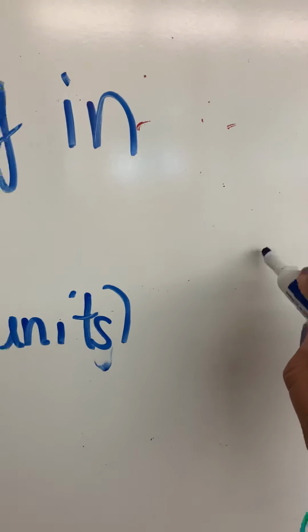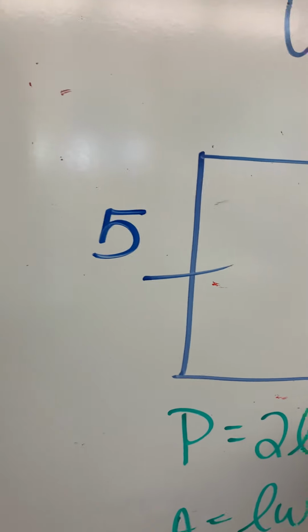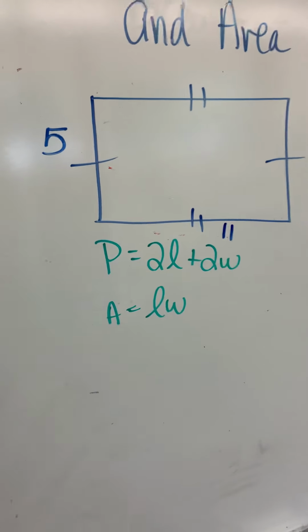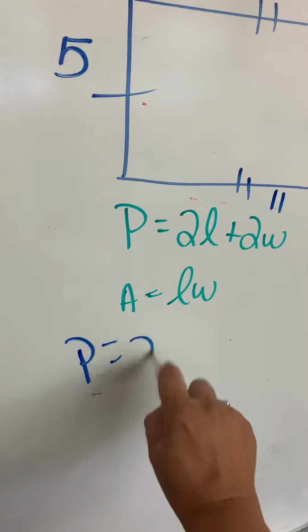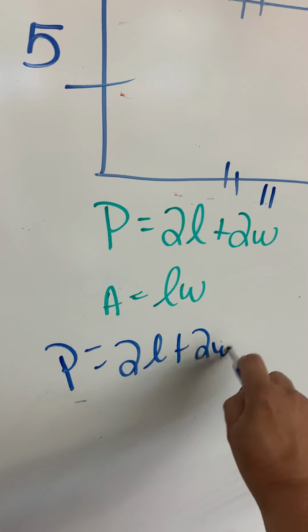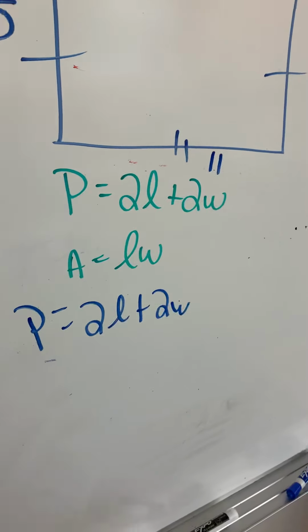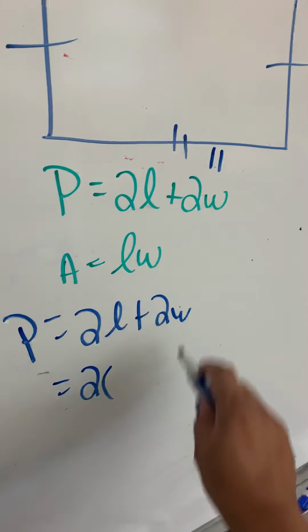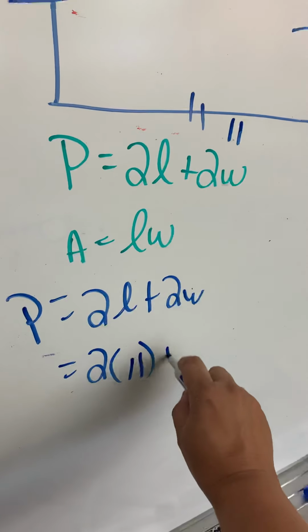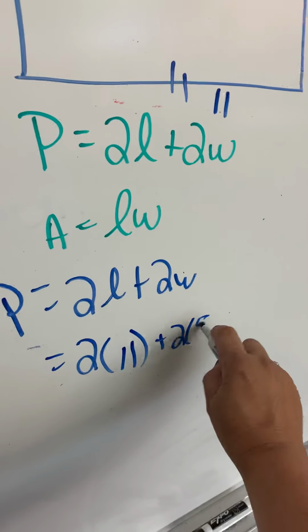If this rectangle is a 5 by 11, for instance, I would go perimeter is 2L plus 2W. Plug in: 2, what's my length? 11. What's my width?